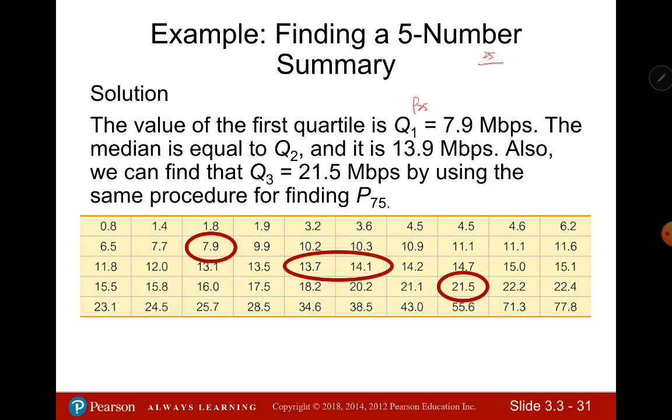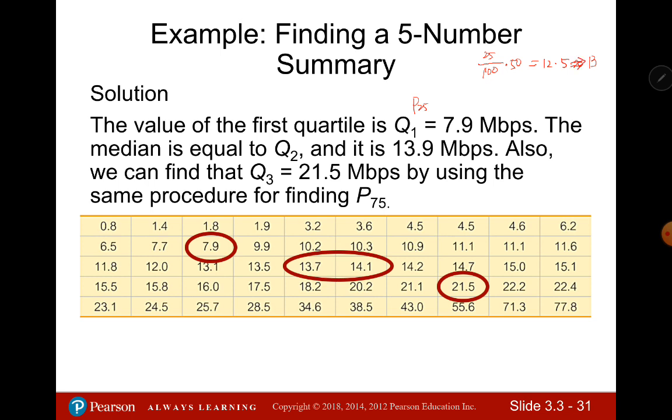So 25 divided by 100 times 50, we will get 12.5. 12.5 is not a whole number, so we only need to check the next whole number.